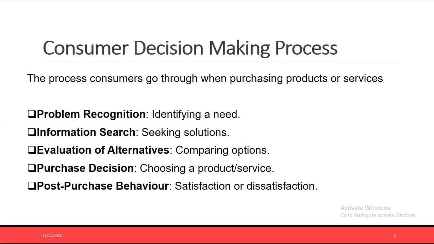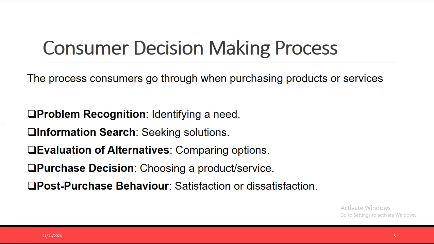Then, based on the options that they are able to evaluate, they make a choice on the product or service that will best suit their need, and that is where the purchasing decision is made. Once that consumer buys the product or makes use of the service, their satisfaction or dissatisfaction with the product or service is what you refer to as the post-purchase behavior.